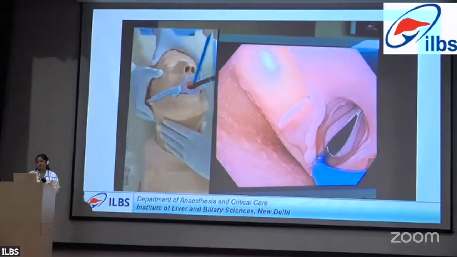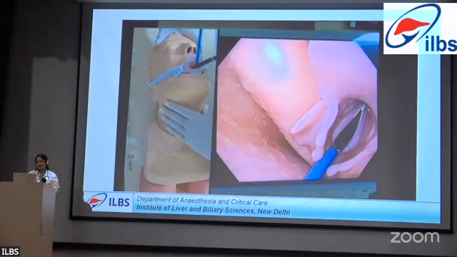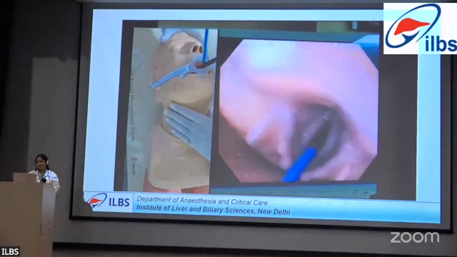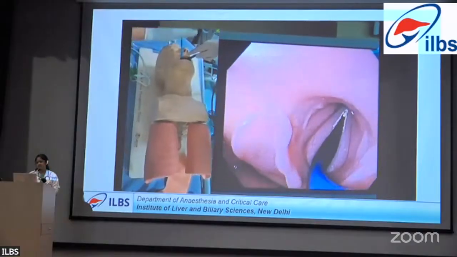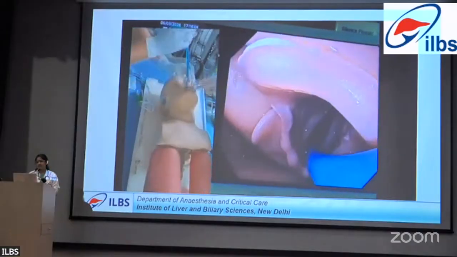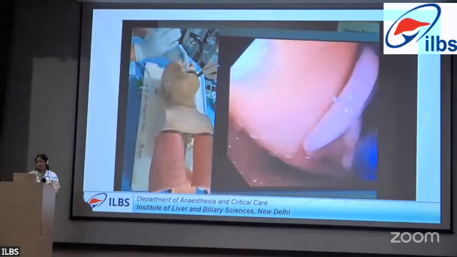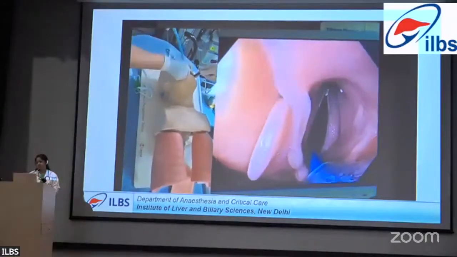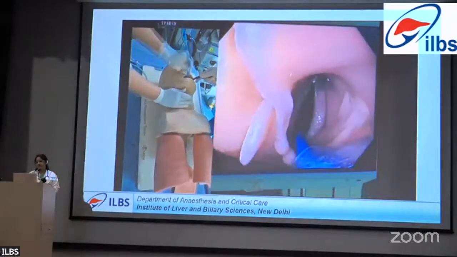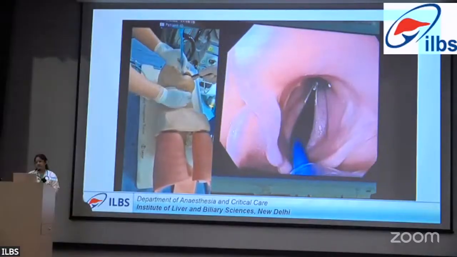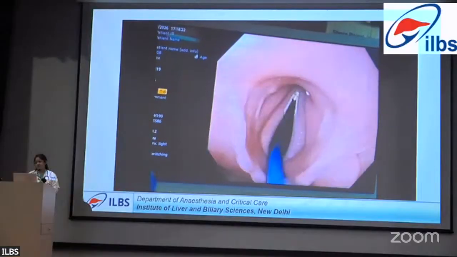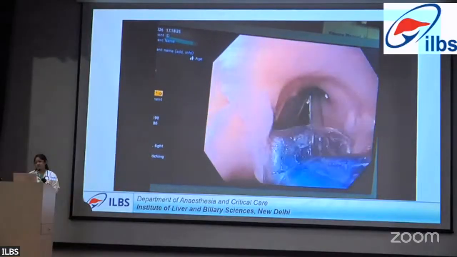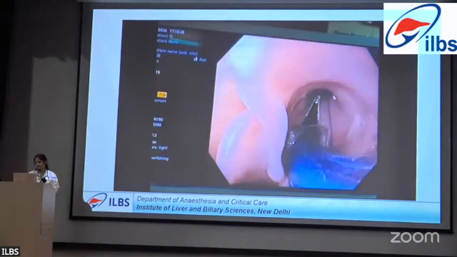This blue colored bougie is introduced through the bite block, and as we can see, the bougie is inserted through the vocal cords and the tube is loaded over the bougie, and we can see the bougie can be inserted inside the trachea under vision using the oral gastroscope. So this way we can secure the patient's airway in difficult situations.